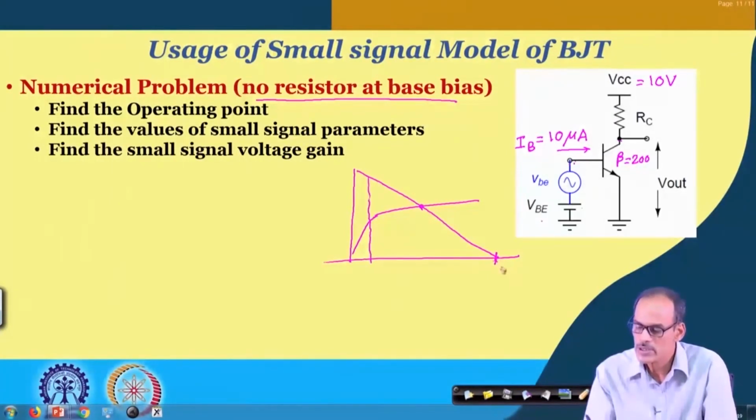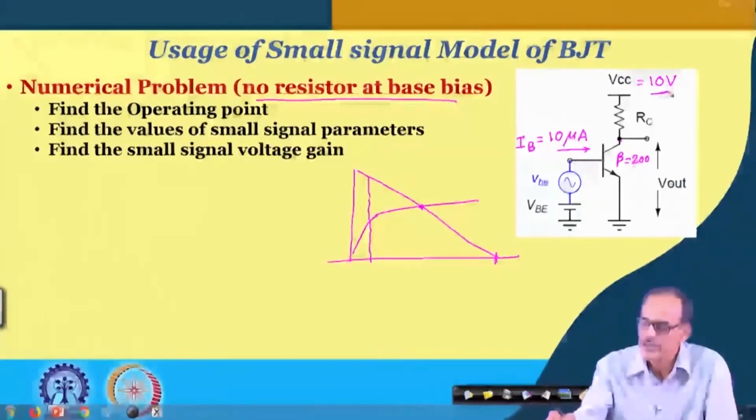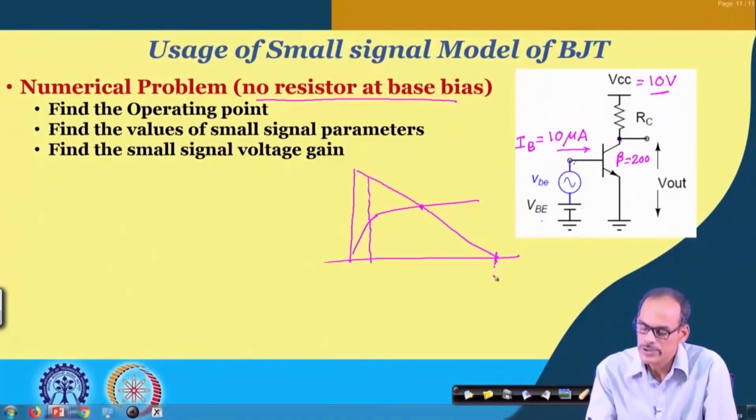So this is maybe the maximum voltage we can have, which is 10 volt. The load line intersects there at VCC, which is 10 volt. This voltage is very small, you may approximate it as 0.3 volt. So roughly, even if you keep this voltage at 5 volt, we have a good linearity range.